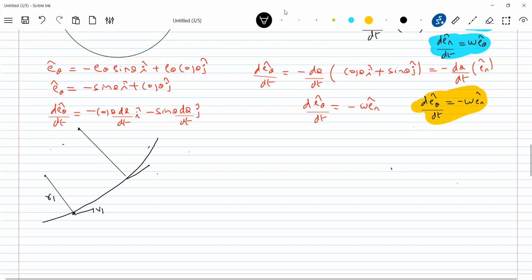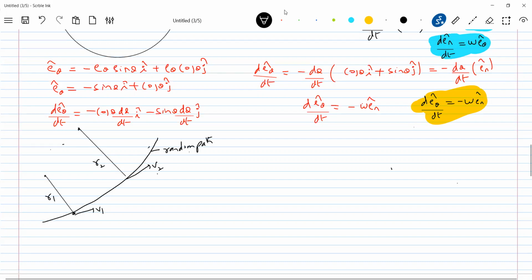Here the particle has velocity v2, this is r2. Look at r1, r2, they are also varying, no. It can happen. Curvilinear motion it is, not circular motion, some random path. So even during a motion, r can also be variable.